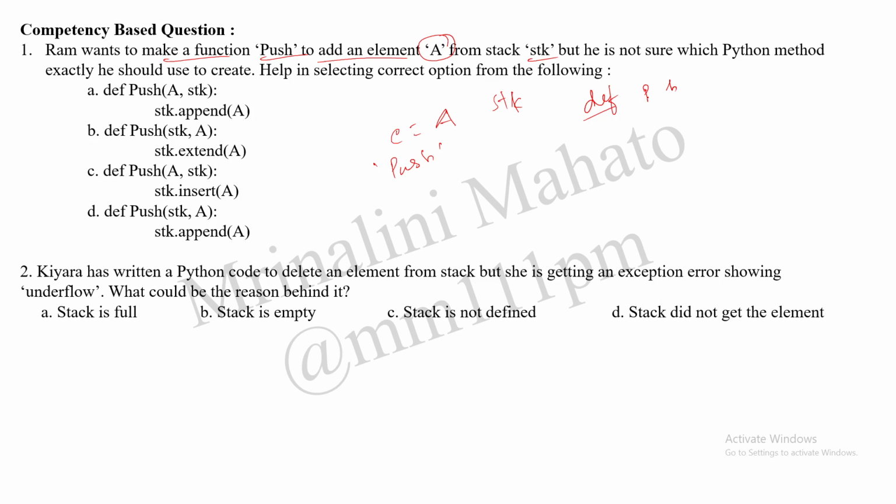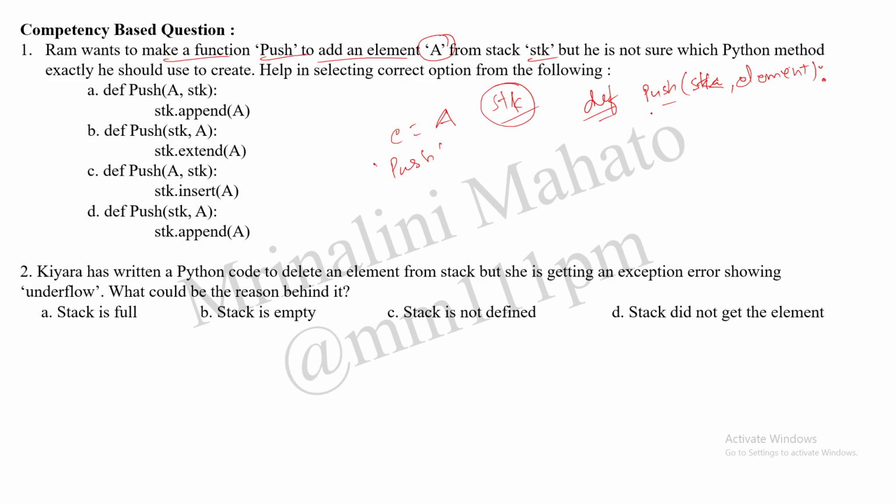Now define push, afterwards first which one will we call? Stack. So stack STK, because the stack name given is STK, comma element. Stack, element. Okay, define push stack comma element colon.